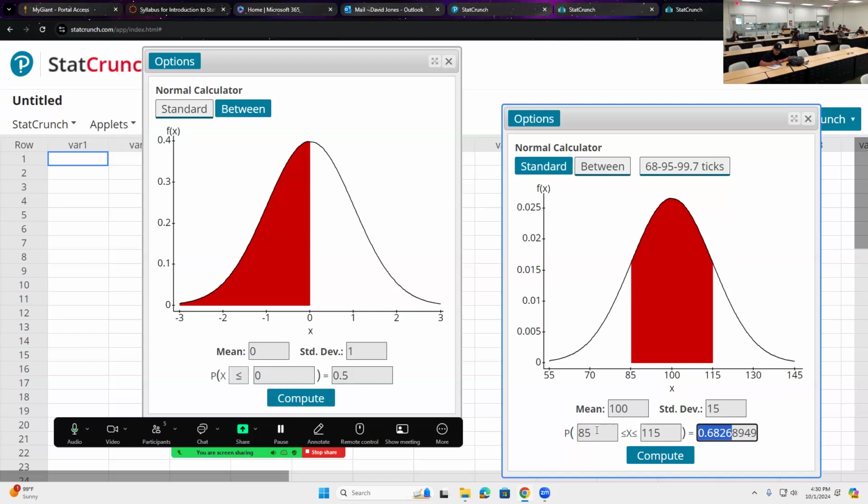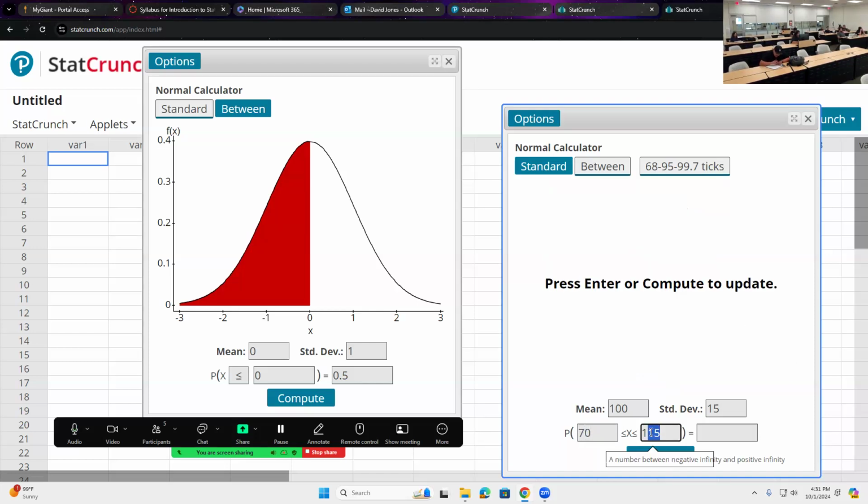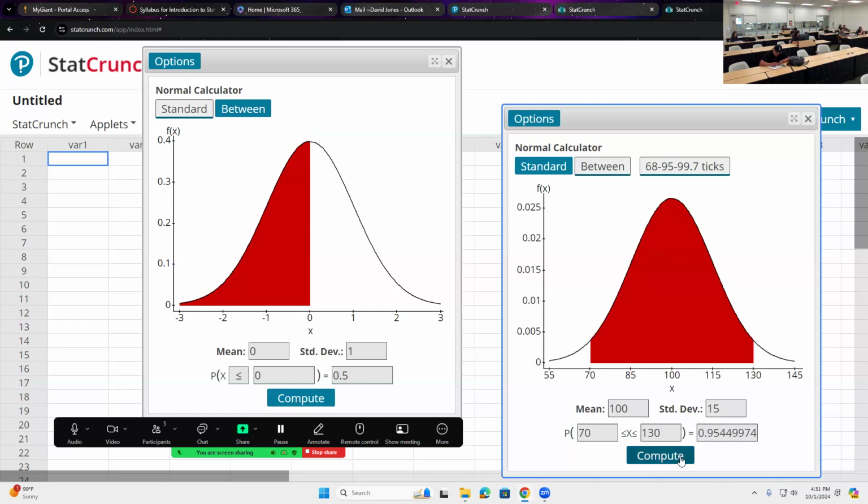If we look at 2 deviations, this was 95% on the empirical rule. That's what it looks like there, but the actual value would be 95.45%.